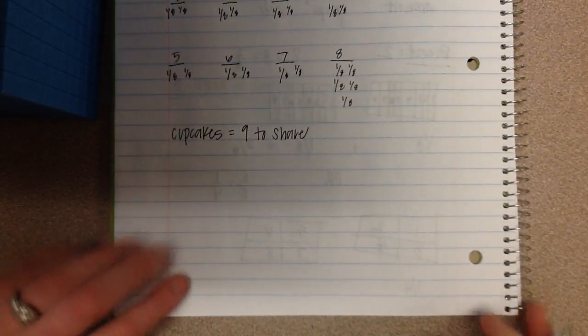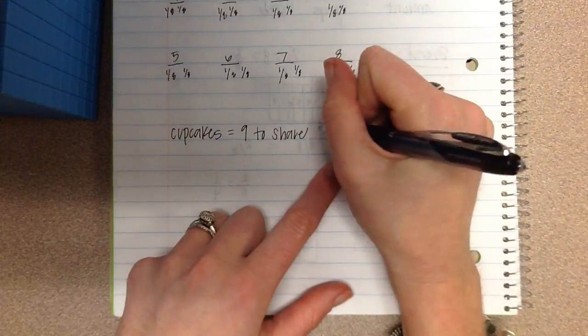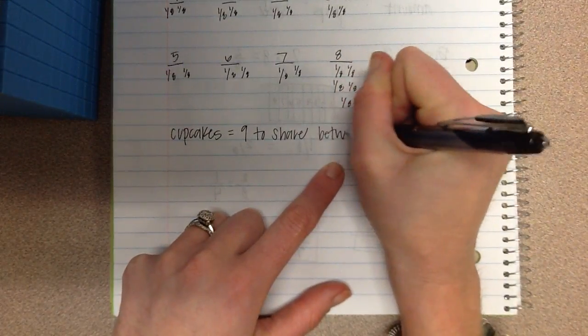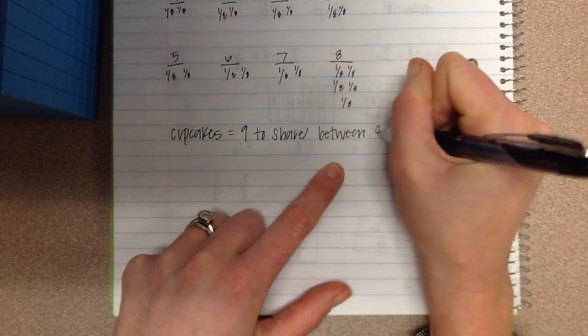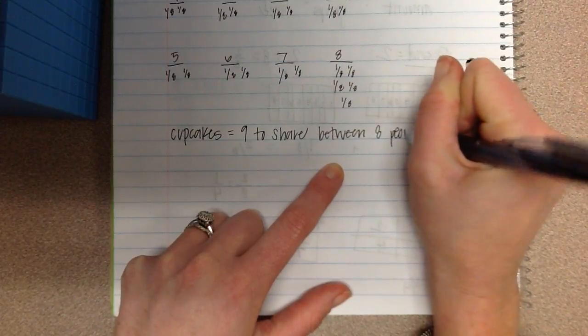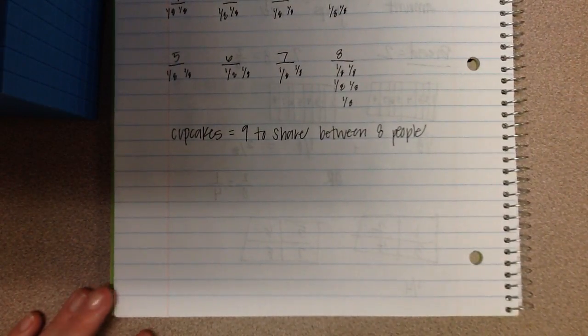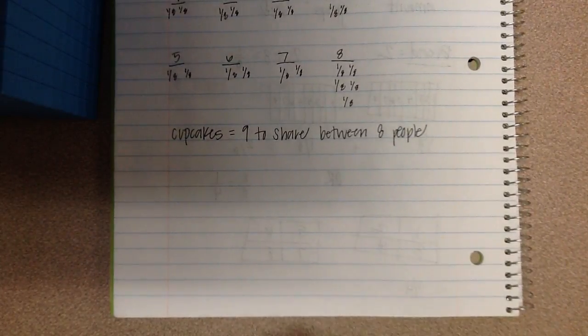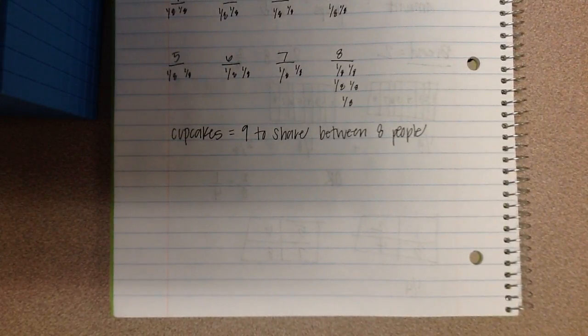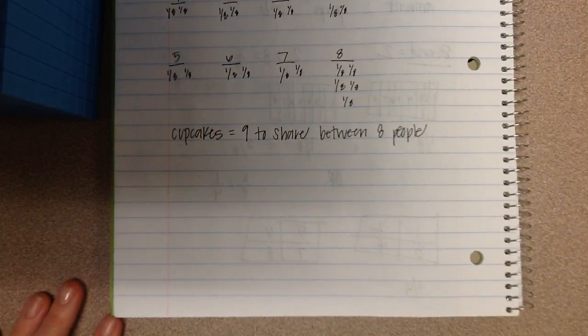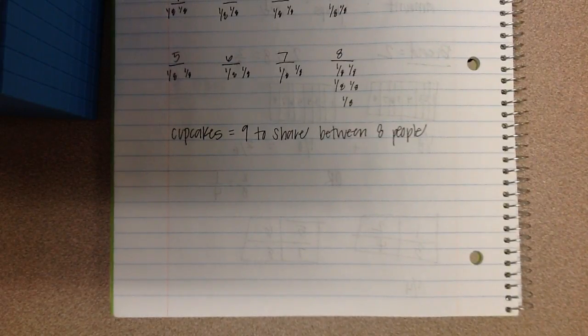And I want you to figure out 9 to share between 8 people. I want you to draw out 9 cupcakes, and I want you to show me how you're sharing them between 8 people. Now, there's going to be a few different ways which you could do this. So, come back to class with any questions you may have.